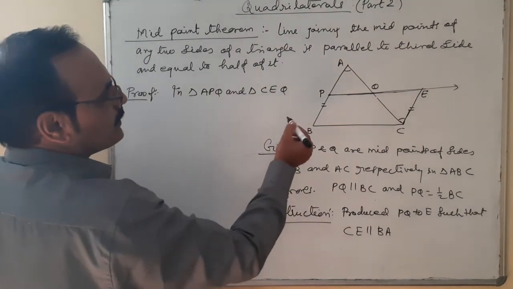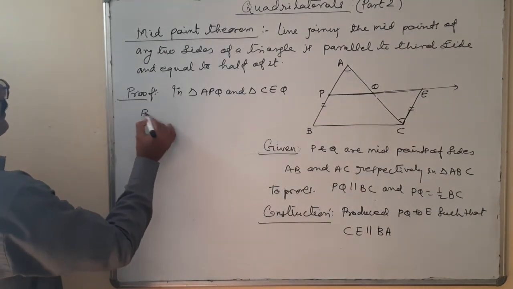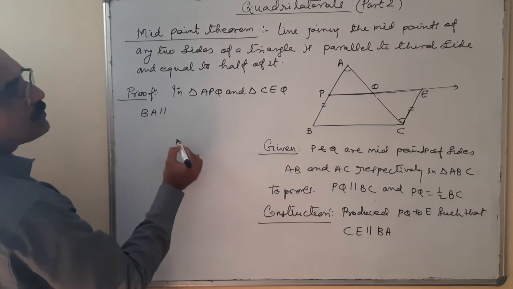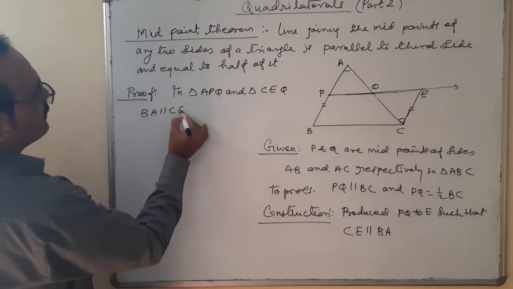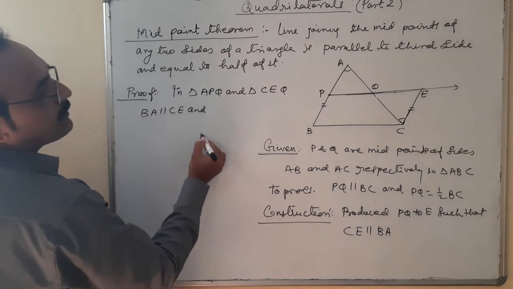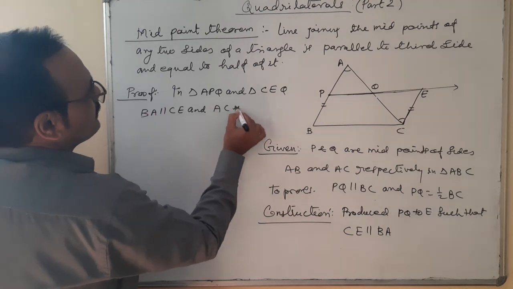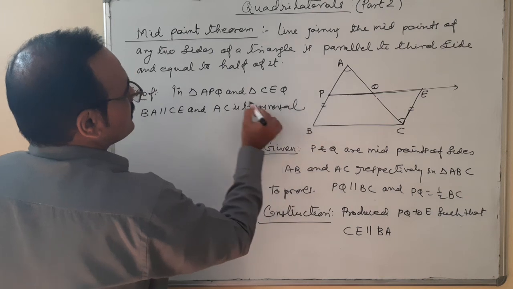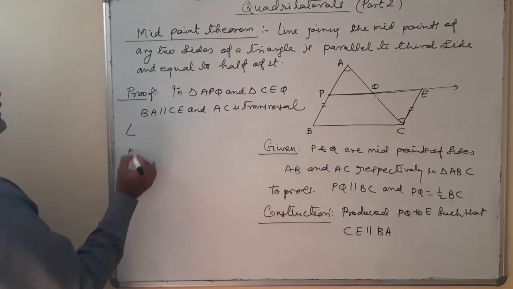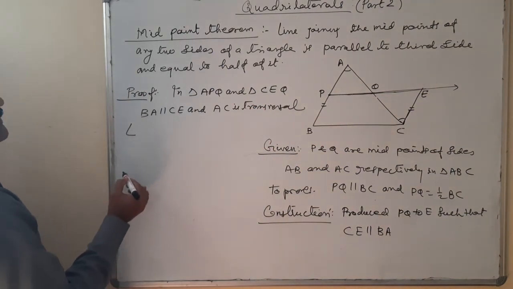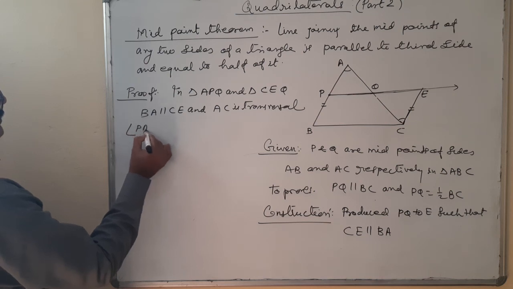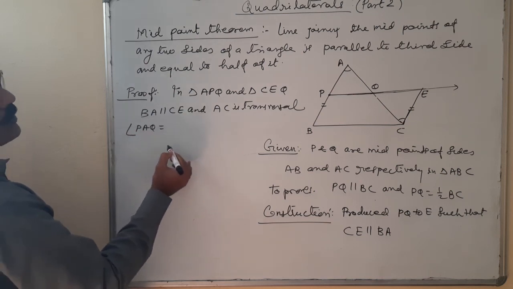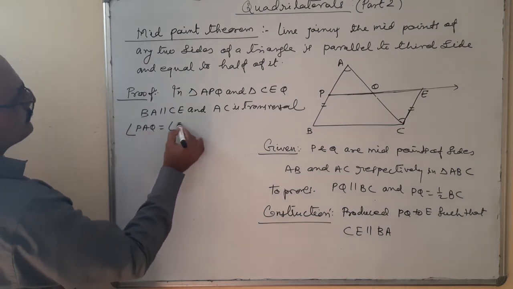So I am writing here. First, since BA is parallel to CE and AC is transversal, therefore angle PAQ is equal to angle QCE.